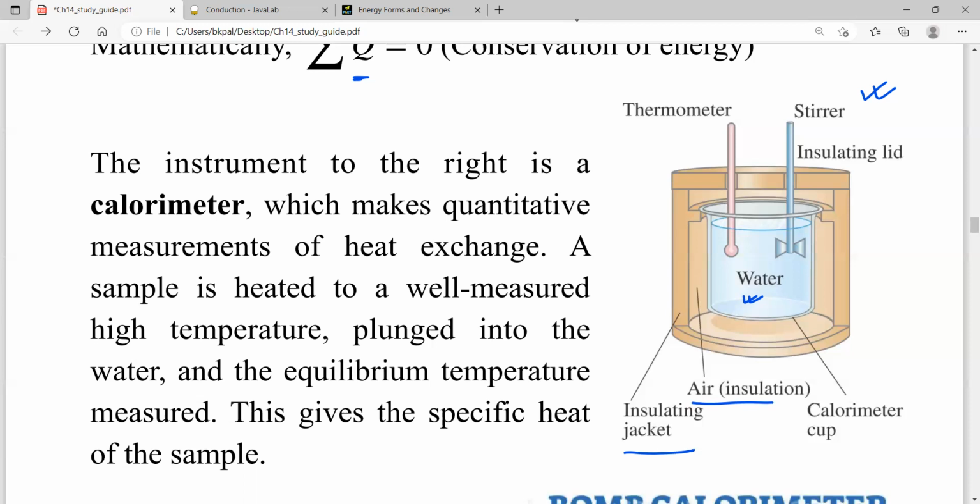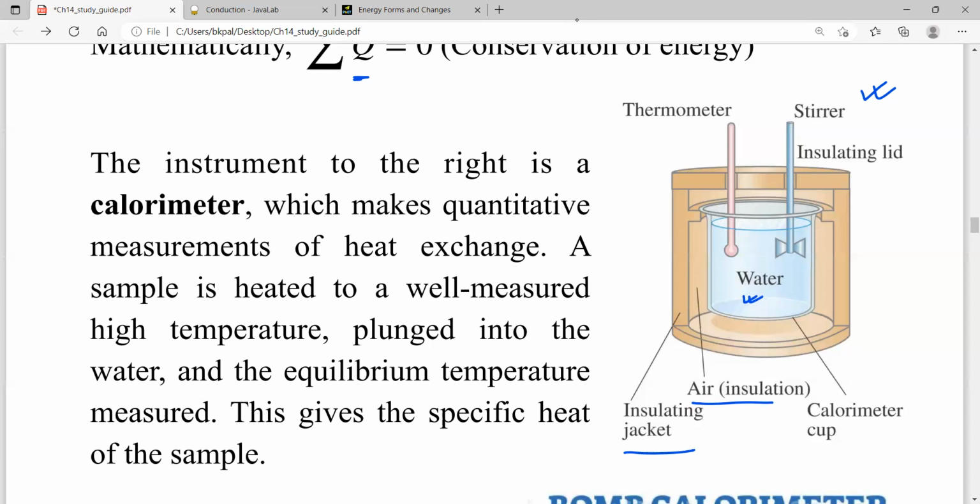Now how does it work? For example, you want to know the specific heat of an unknown sample. To know that, you first heat the unknown sample to a well-measured high temperature, and then put it into the water in the calorimeter cup. The calorimeter cup has water at, let's say, room temperature, and the sample is at high temperature.